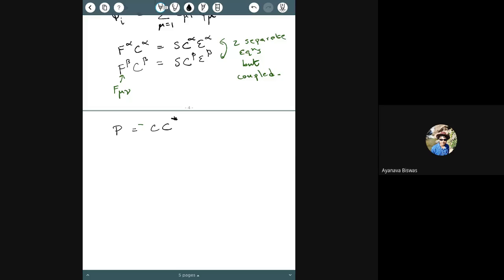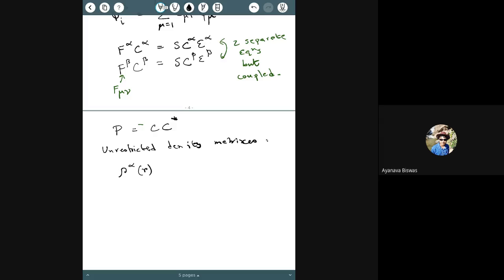Unrestricted density matrices are defined again analogously.